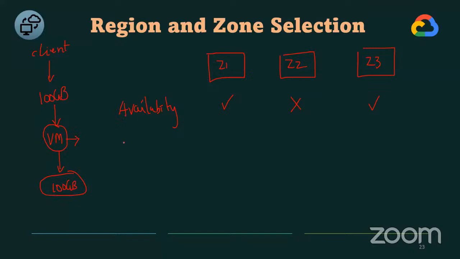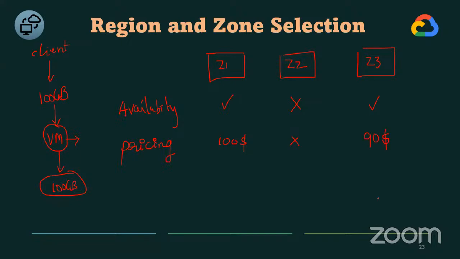The next point of the third point is pricing. You have to understand the pricing; you need to go to the pricing model and understand it. Let us take the pricing. The cost of the virtual machine in zone 1 is $100, and it is not available, so we don't worry about it. The cost of the same virtual machine in zone 3 is $90.